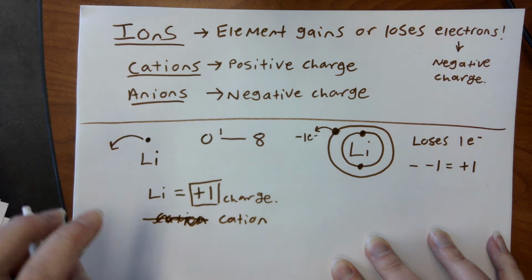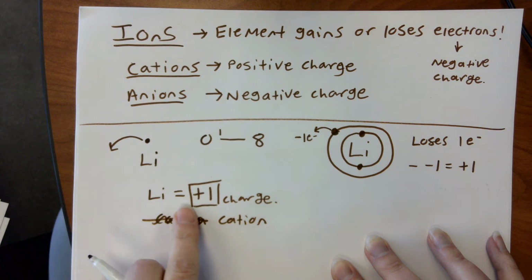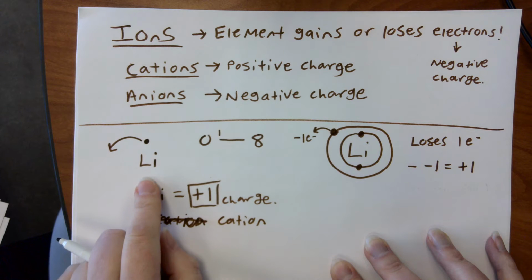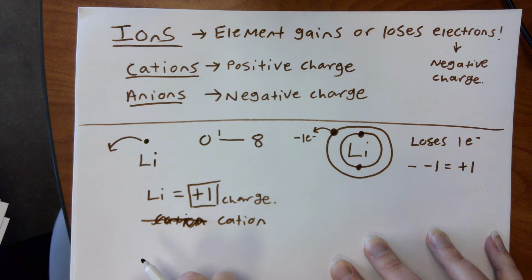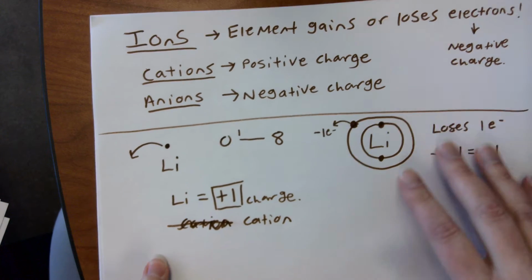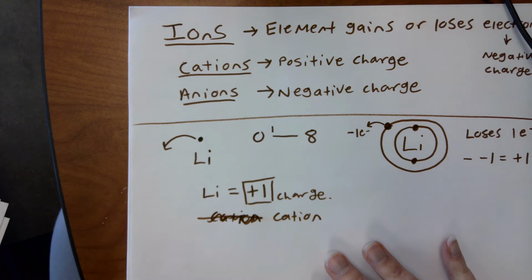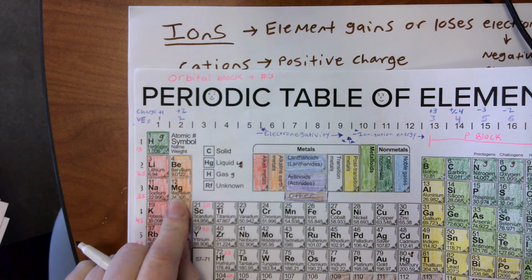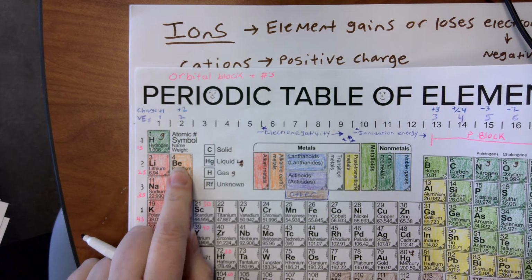Okay? Lithium, when it wants to be happy, is a cation when it loses its electron. Okay? Let's do another cation here. Let's do magnesium or beryllium. Actually, let's do beryllium.